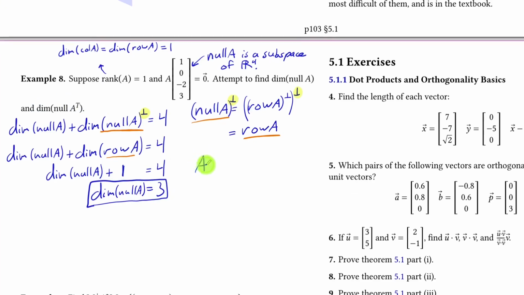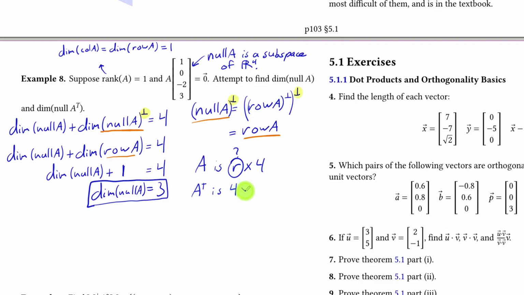Well, we know A is R by 4. A must have 4 columns in order to multiply it by this R4 vector. But how many rows does A have? We don't really have that information. But A transpose is going to be 4 by R, whatever that is.